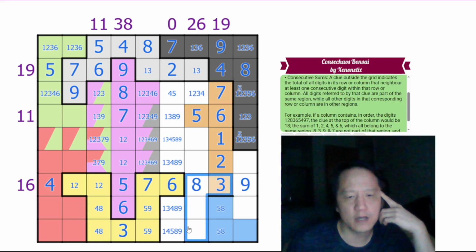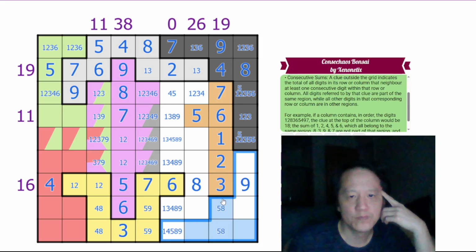We cannot cut off here because then this blue would be a small region. So the blue, this has to also be blue. 1, okay, so same here. This has to have 9. So, and it cannot get to here. So the blue can only go here.